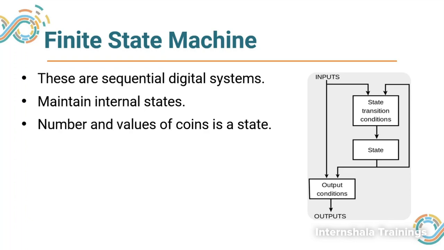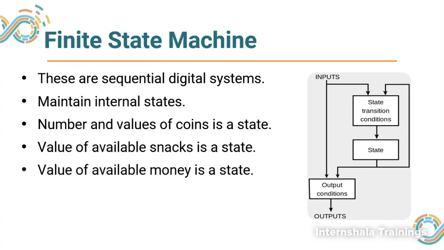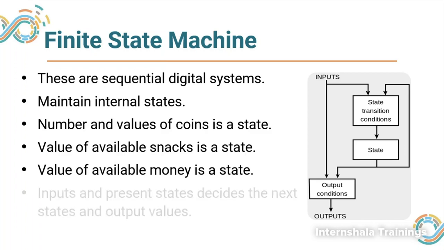All these things are called states. These are internal values. I don't need to tell the user that in my vending machine I have 5,000 rupees. I don't need to give that information as input or output. The number of available snacks I need to maintain: I have these many candies, these many chocolates, these many colas. I can have the total available money as a state value. So these are all internal values, right?